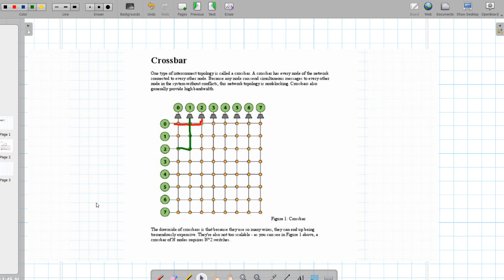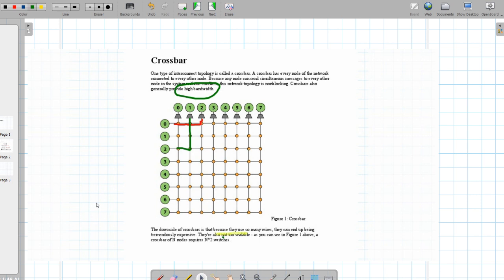However, as there are so many switches and so many connections, it becomes very expensive. It will require very high bandwidth, and not too much scalability will be available here. Why?